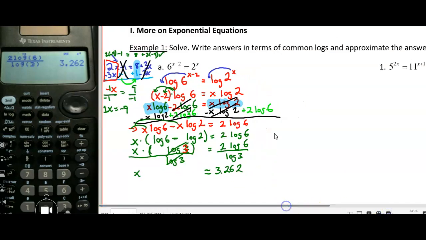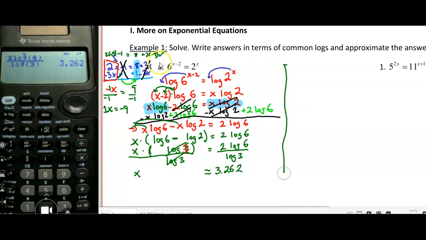So go off to the side and take your original equation, 6 to the 3.262 minus 2, and see if that's close to 2 to the 3.262.